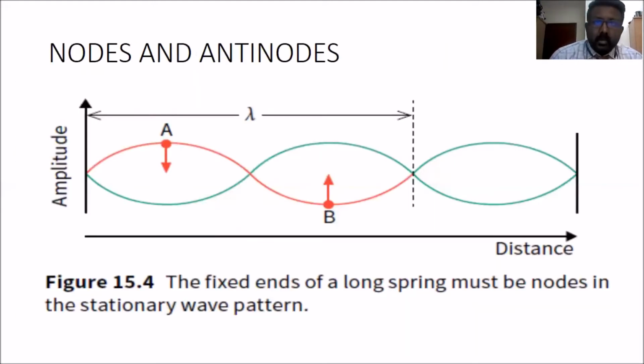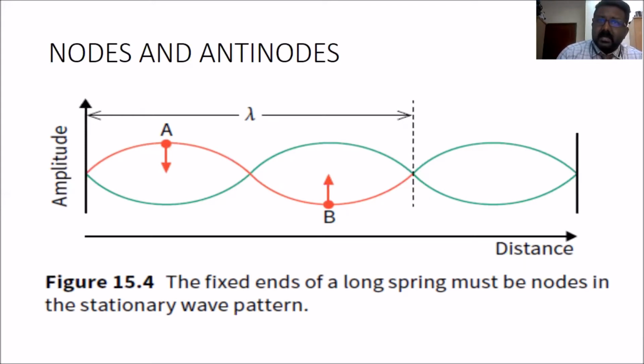Now we have nodes and antinodes. So what we have observed is a stationary wave on the long string. There are points along the string that remain motionless. That's what we have observed, while points on the other side are oscillating with the greatest amplitude.